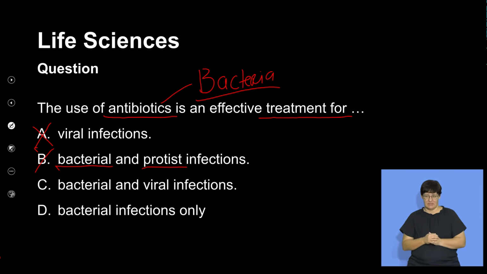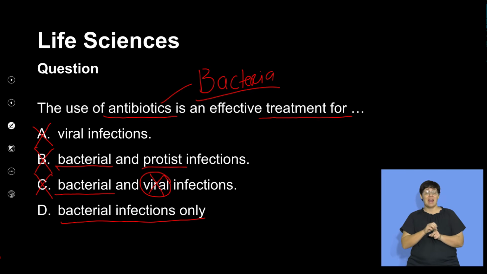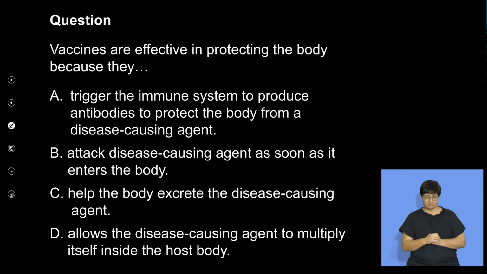So B is incorrect. C, bacterial. Yes, we know it's bacterial. However, we've already ruled out that viral is incorrect, so C has to be incorrect. Answer D, bacterial infections only. Yes, that is our answer. Our answer is going to be D because we're going to use antibiotics for bacterial infections.